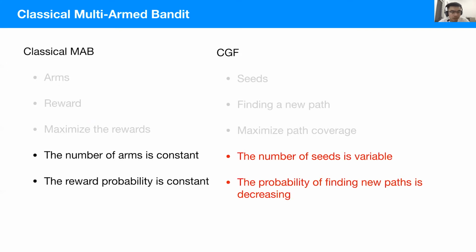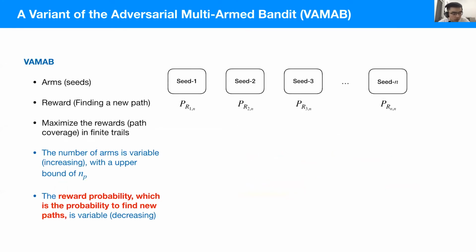However, there are some discrepancies between them. The number of arms and reward probabilities in the classical MAB are constant. In contrast, they are variable in CGF. Based on this, we propose a variant of the adversarial MAB. In our model, the number of arms is increasing, and the reward probability, which is the probability of a seed to find a new path, is variable.